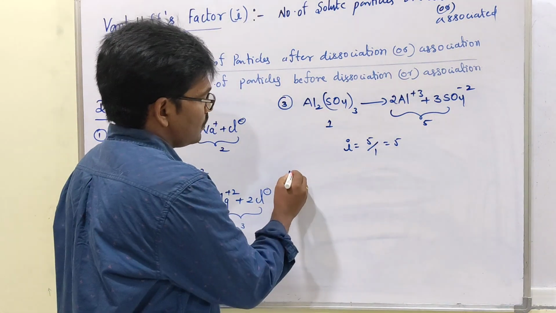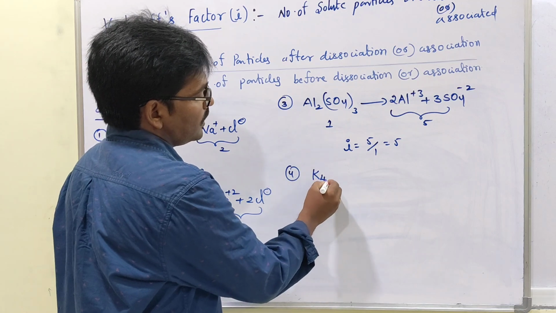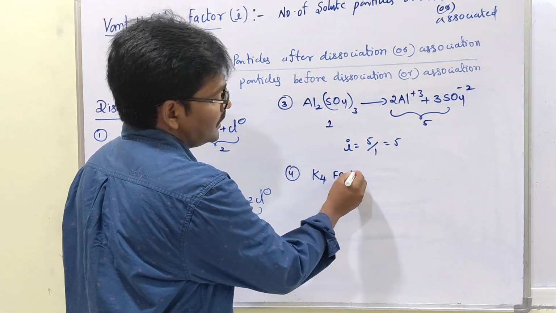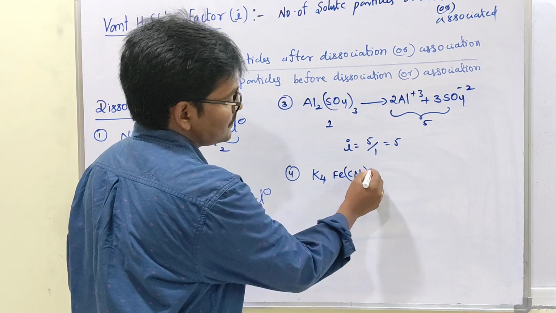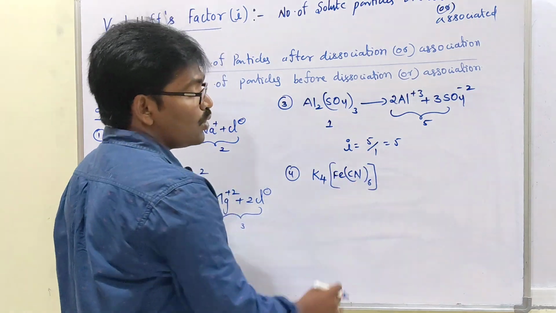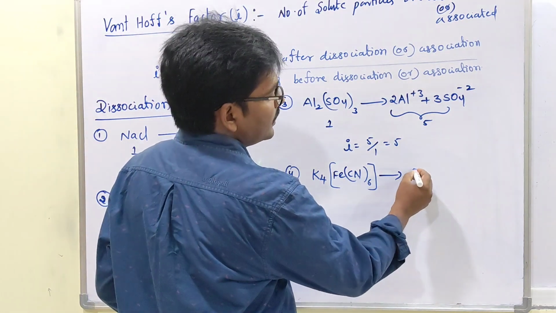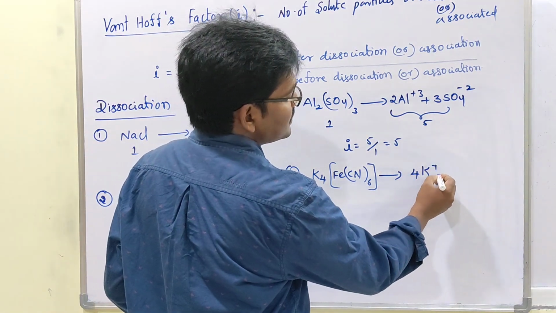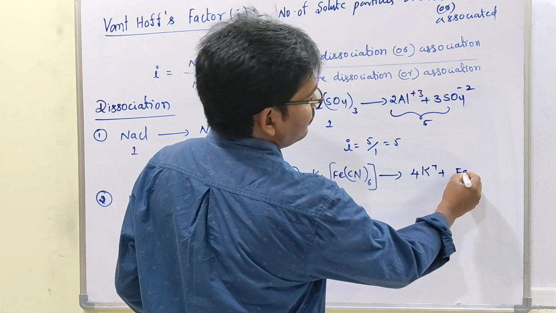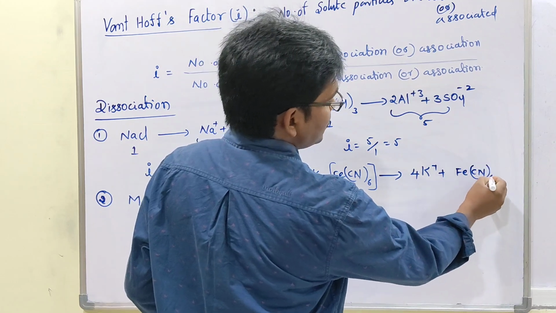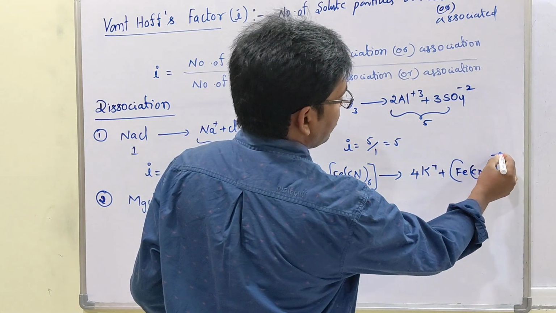One more, K4[Fe(CN)6], which is a coordination compound. It dissociates into 4K plus and [Fe(CN)6] 4 minus.